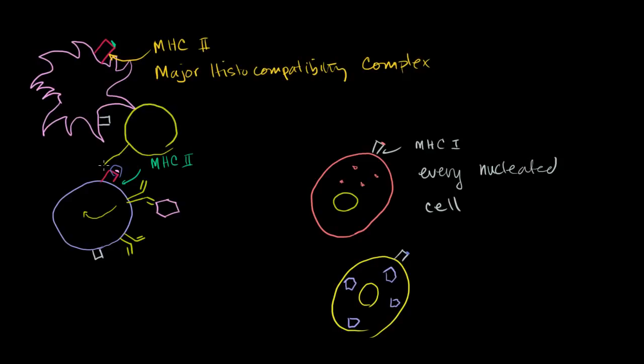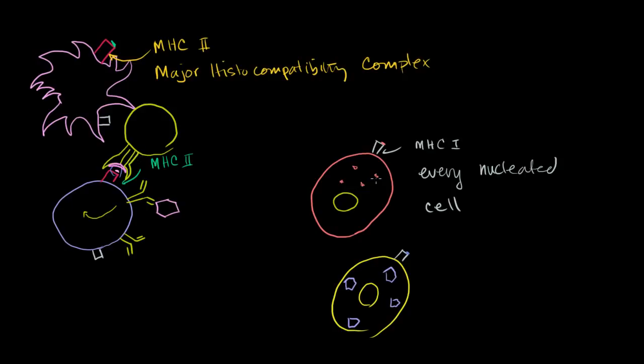Not all helper T cells will, only the ones that have the right variable portion that just perfectly bonds to this combination of an antigen and the MHC2 complex. This type of helper T cell will bond here, get activated, and start differentiating. And the effector versions of them will start raising the alarms, and the memory versions of them will stick around in case this type of thing needs to happen again.